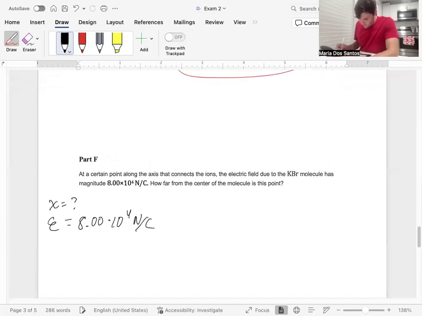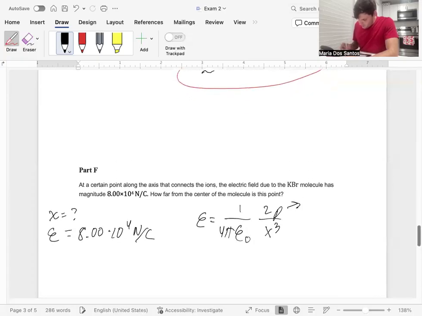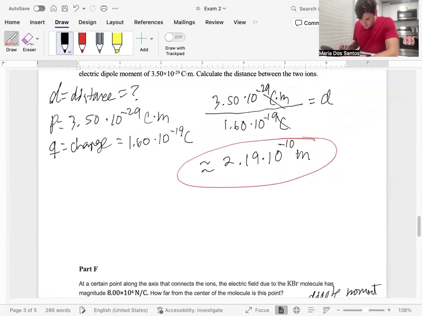Okay, electric field on an axis is given by the formula, where p is the dipole moment, and we have that.